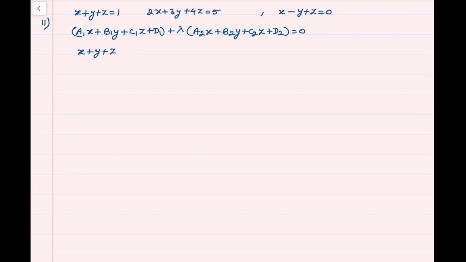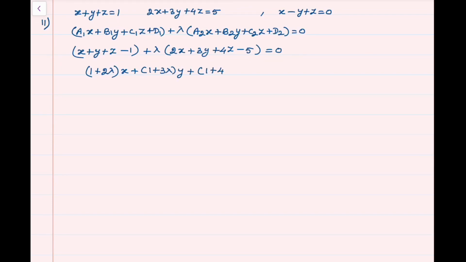Bring that constant term to this side, minus 1 plus lambda times 2x plus 3y plus 4z minus 5 equal to 0, because we have written d1 and d2 on the left side. So, take them to the left side and substitute in the formula. Let us rearrange the terms. X terms together, 1 plus 2 lambda times x plus 1 plus 3 lambda times y plus 1 plus 4 lambda times z minus 1 minus 5 lambda equal to 0.